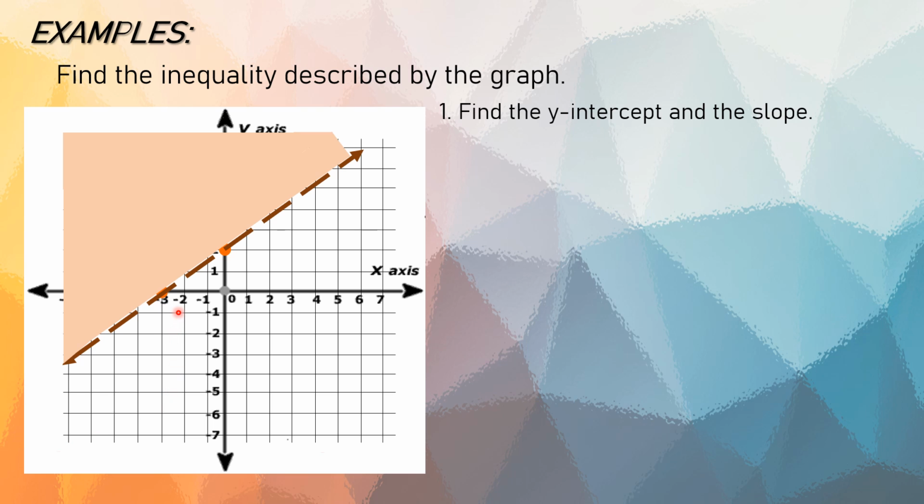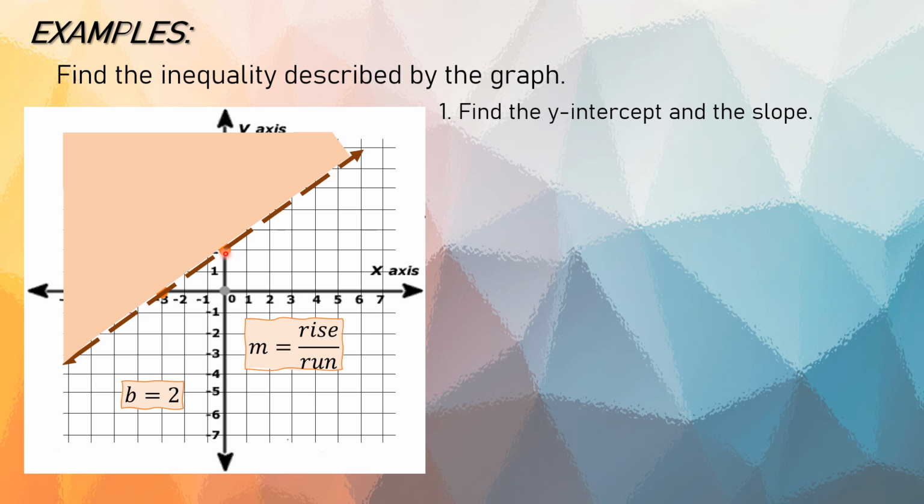So, since meron tayong dalawang points at ang isang point ay naglie sa eksaktong y-axis sa point 2, so ibig sabihin ng ating y-intercept ay 2 or b is equal to 2. Next, again, the formula for the slope is m is equal to rise over run. Simula sa 2 papunta sa -3.